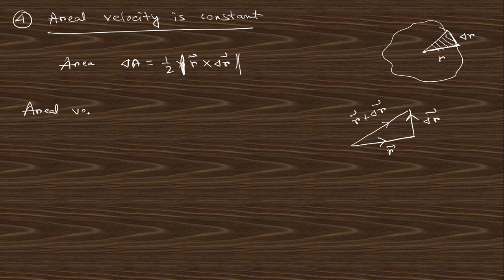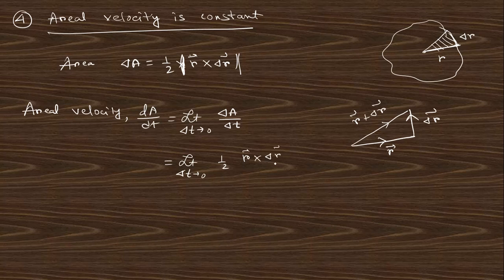So areal velocity will be written as dA/dt, which is nothing but the limit delta t tends to 0 of delta A by delta t. So this is the limit delta t tends to 0 of half r cross delta r by delta t.